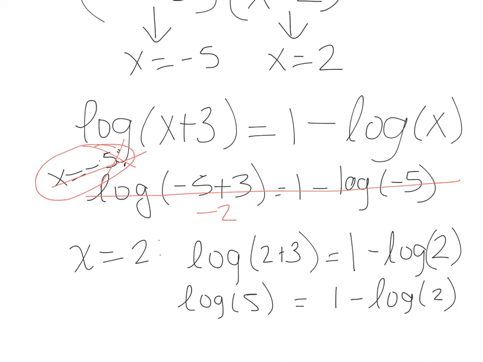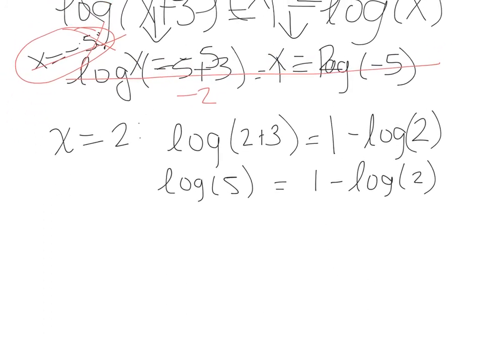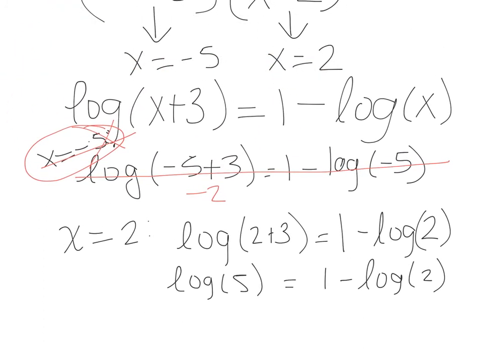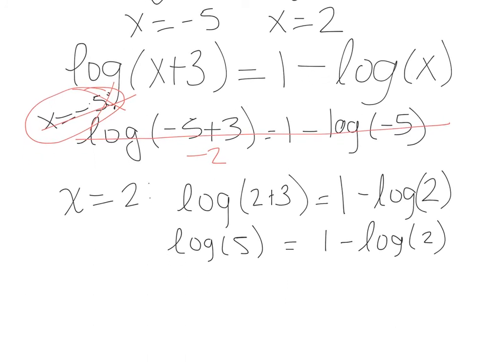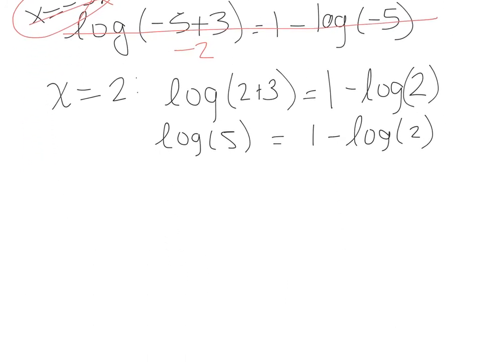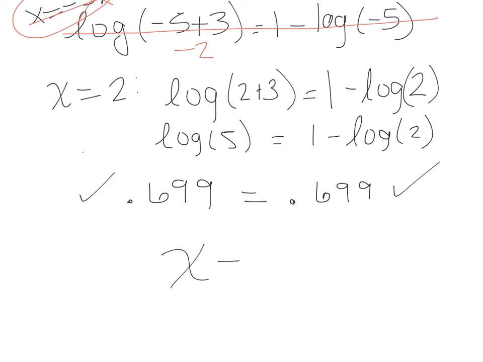If you evaluate log 5 on your calculator, you get something along the lines of 0.699. And 1 minus log 2, you also get about 0.699. So both of these sides equal out, and therefore the only solution to this logarithmic equation is x equals 2.